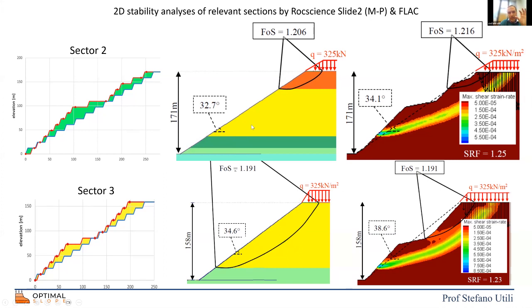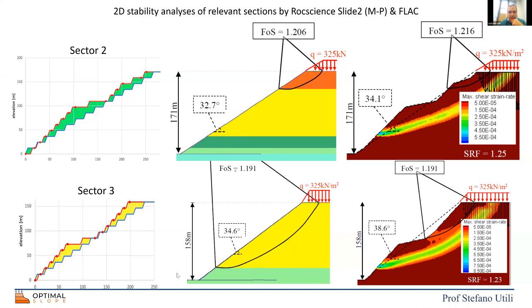Also here, in the middle, you have the planar profile, and on the right is instead the optimal profile. And these factors of safety that you can see here were obtained using RocScience Slide2, using the Morgenstern and Price method, and also using FLAC. So FLAC 2D, FLAC Slope was employed for this.